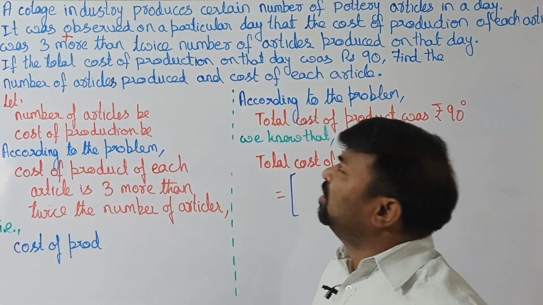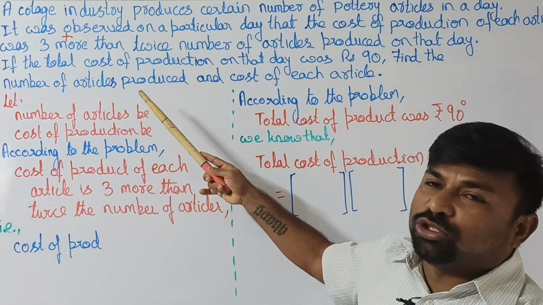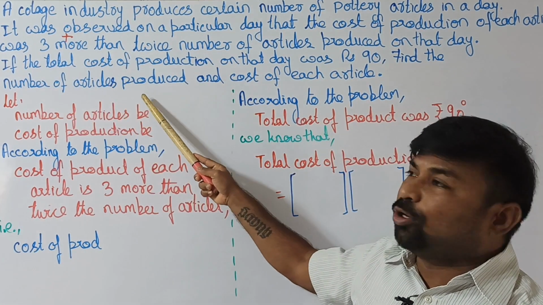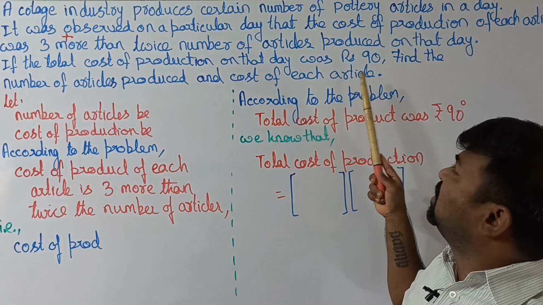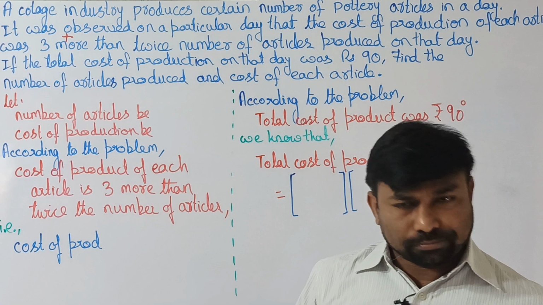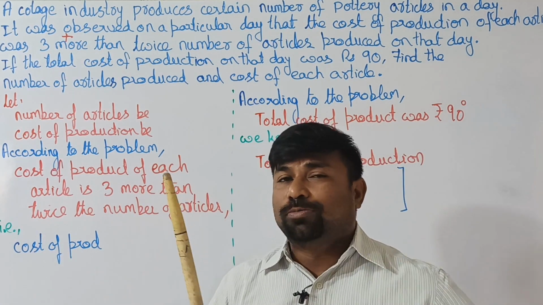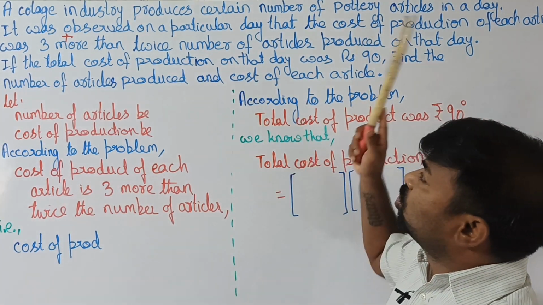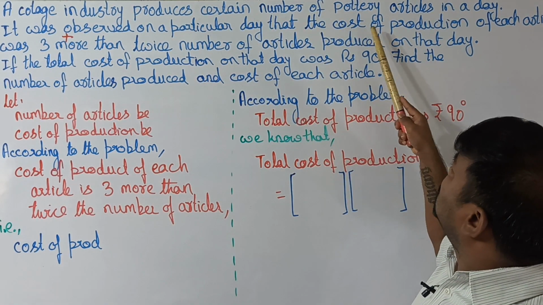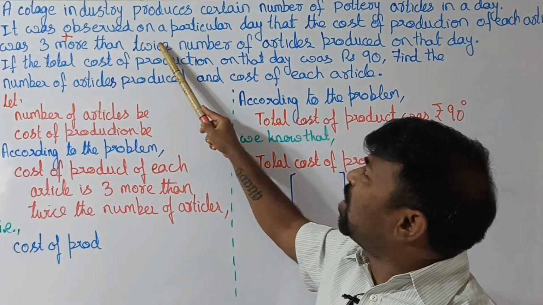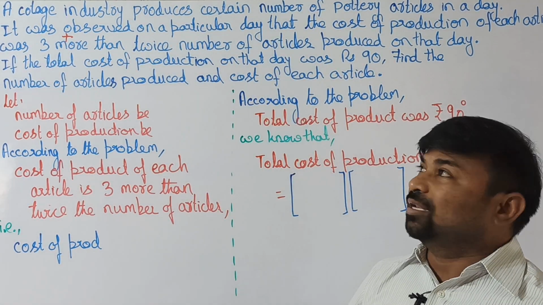What he has given is a cottage industry, and we need to find what he is asking: the number of articles produced and the cost of each article. So we have to take them as variables. Which one should be taken as x and which one as y? That's the point. If you get back here, the cost of production of each article is 3 more than twice the number of articles.